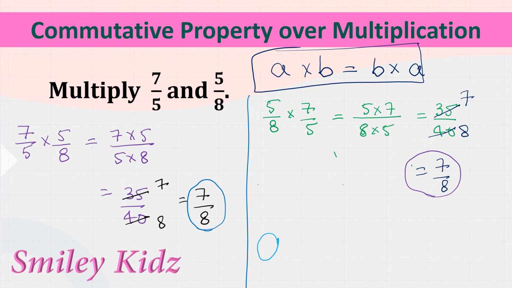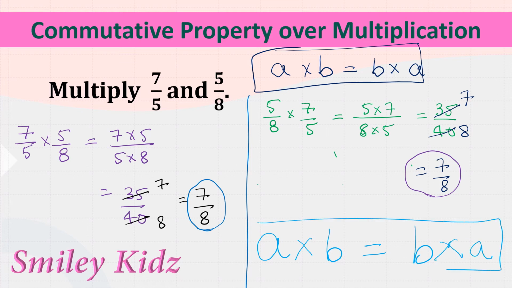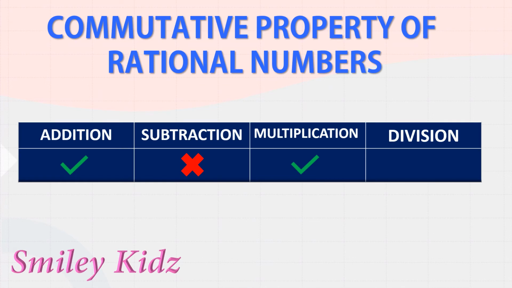It concludes that A into B is equal to B into A. That is, rational numbers satisfy commutative property over multiplication. We have filled the third block as well. That is, rational numbers satisfy commutative property over multiplication.